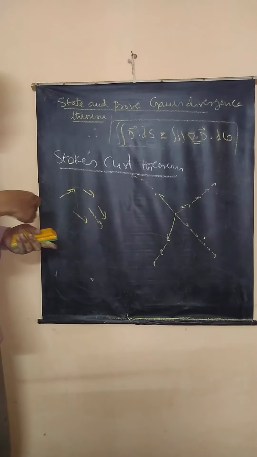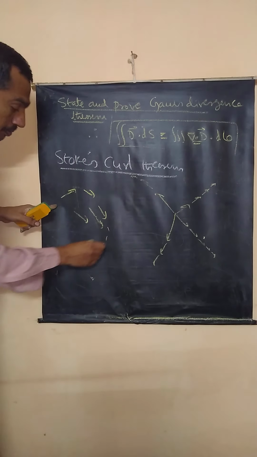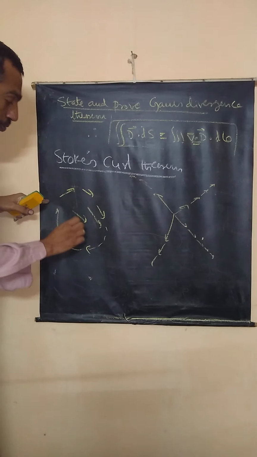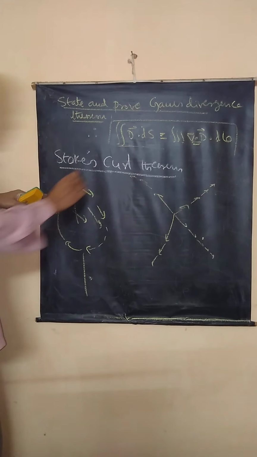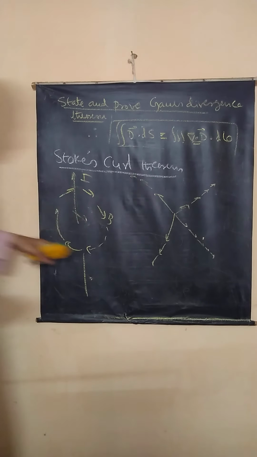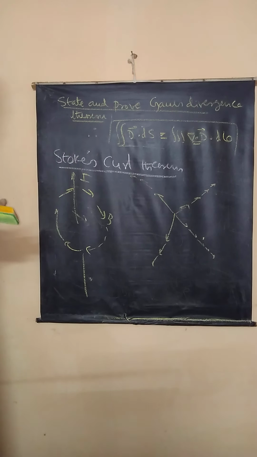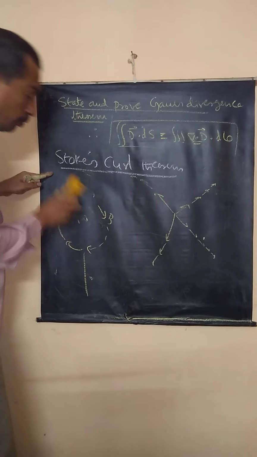Now what is Stokes' curl theorem? Magnetic field can be represented like this. It forms closed loops. If you have a current carrying conductor like this, these field lines represent the magnetic field. So curl is a very good mathematical expression to represent rotation, the curling of magnetic fields. Now, what is the theorem we are talking about here?